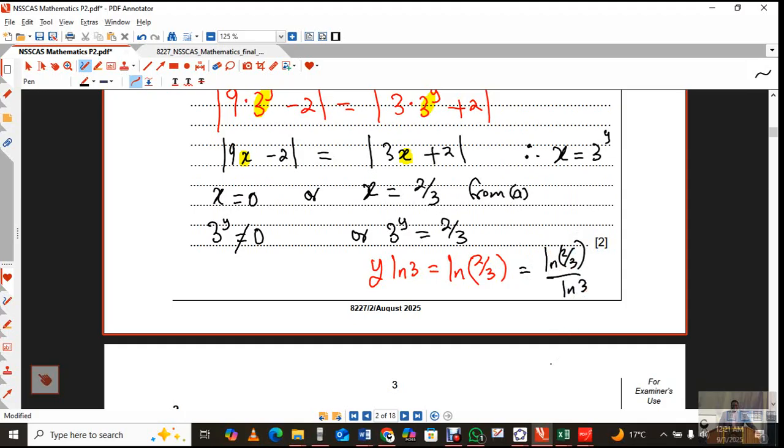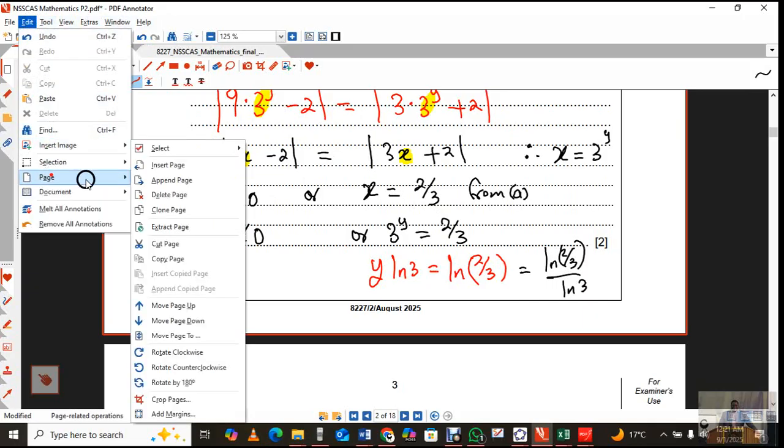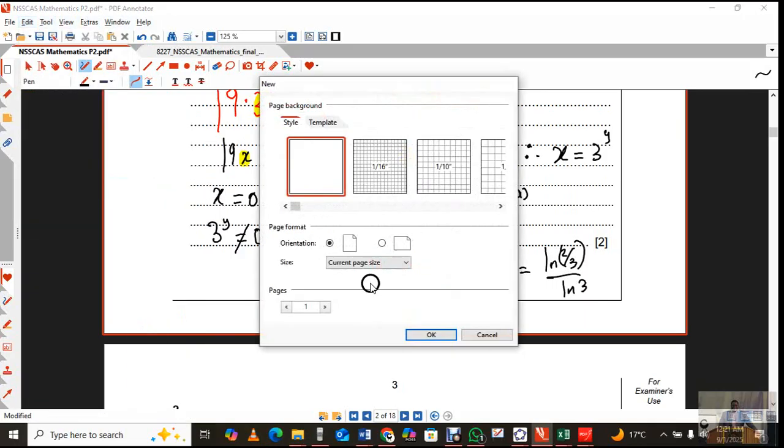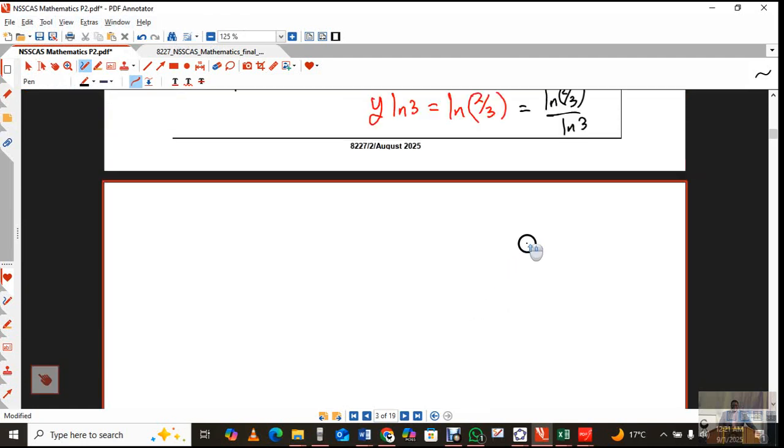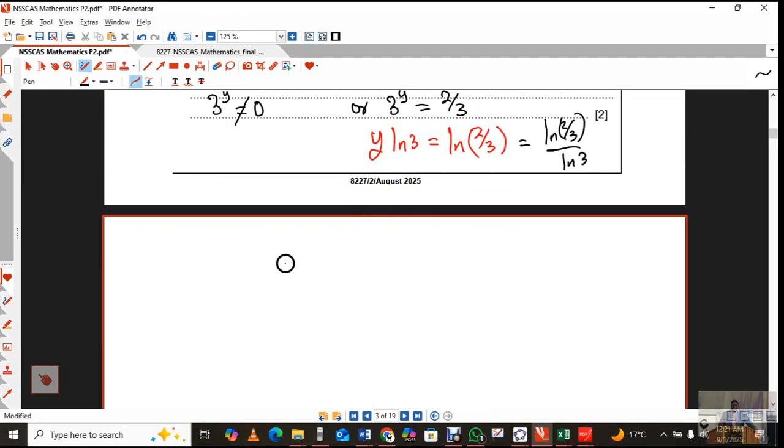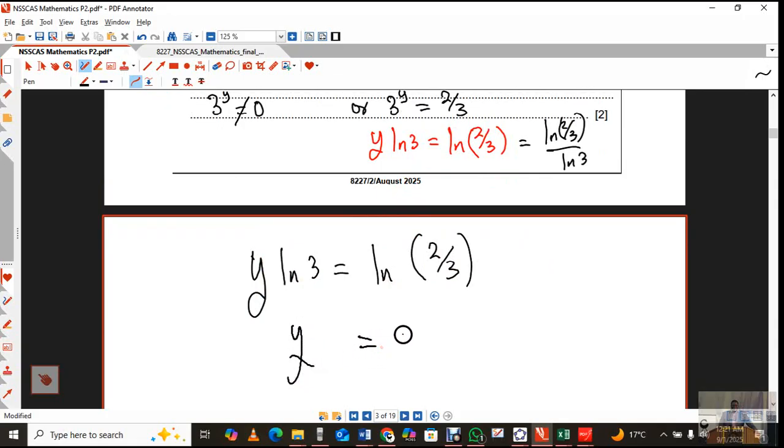Of course, this is a little bit too condensed here, so let me just bring in a page, so that I don't have to rewrite everything. So I have y natural log of 3 is equal to natural log of 2/3, and then I will divide throughout by the natural log of 3.